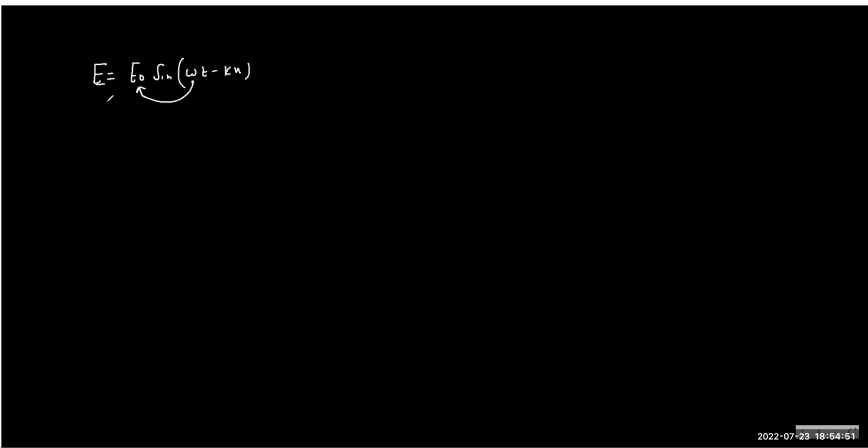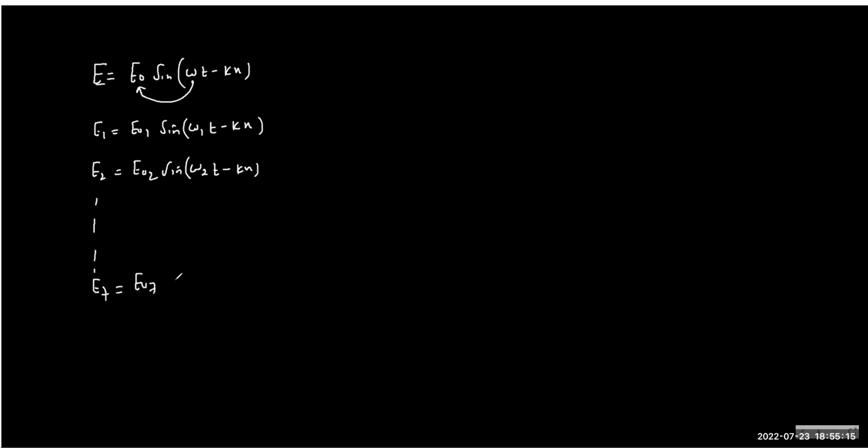I mean, this is the field of one particular component of light. So for 7 components, we have 7 different values. And not only that, the omega will also change. The k remains the same, but omega keeps on changing. So if you write the electric field of 7 different components, you have to deal with 7 different frequencies. Do you realize this? And therefore the energy propagation will change.